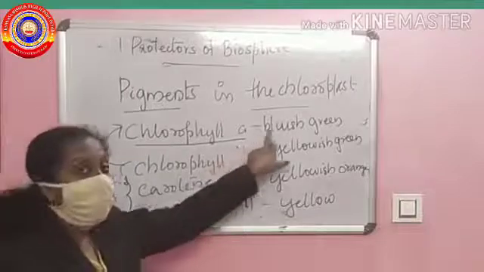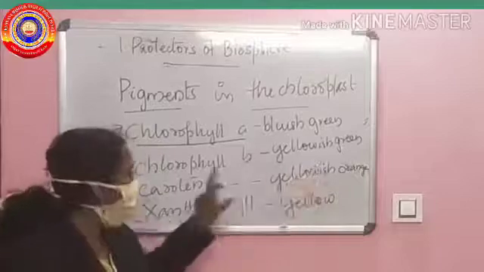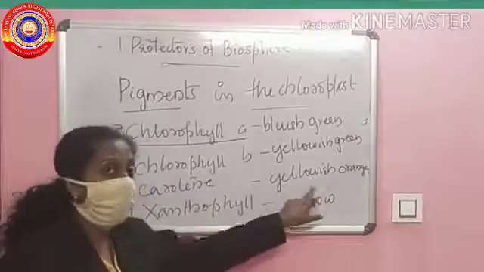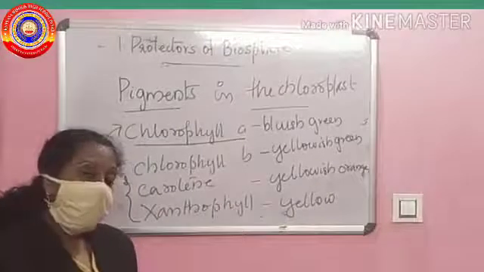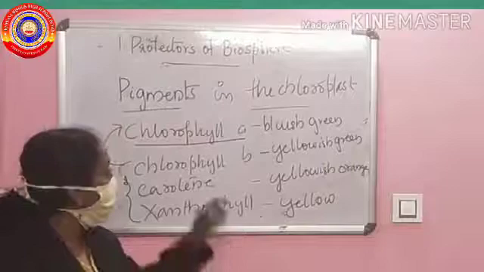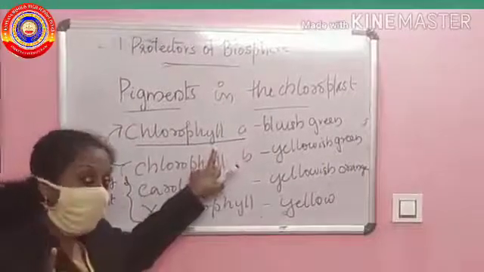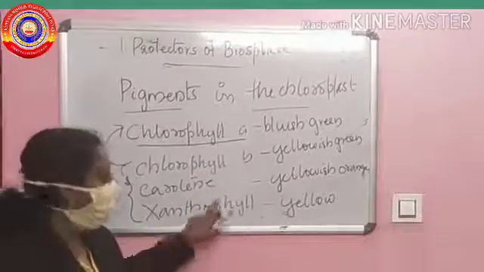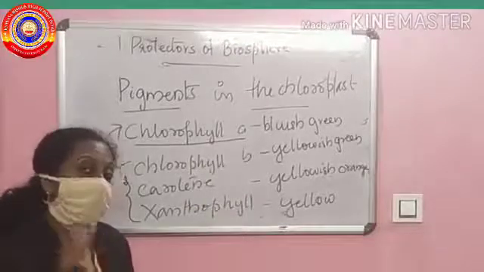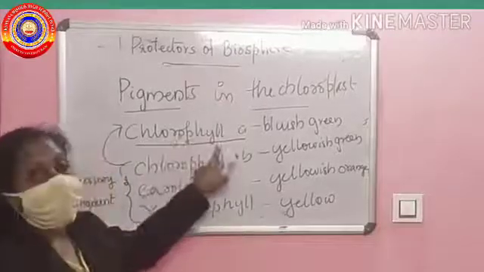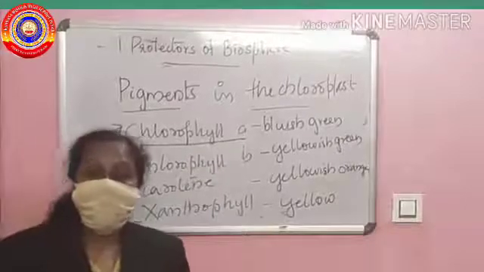Chlorophyll A directly participates in photosynthesis, and the rest of the three pigments, chlorophyll B, carotene and xanthophyll, absorb the sunlight and transfer it to the chlorophyll A for photosynthesis. So these three pigments are called the accessory pigments.